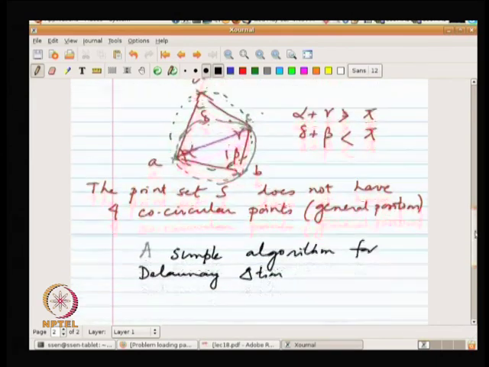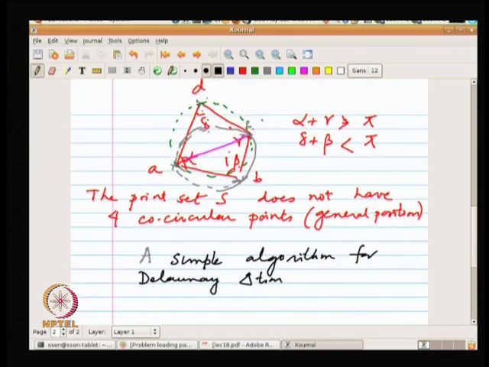Drawing the diagonal AC instead of drawing the diagonal DB can be thought about as flipping the diagonal. So this operation is called flipping the diagonal.